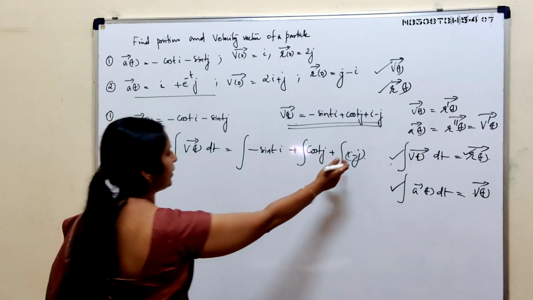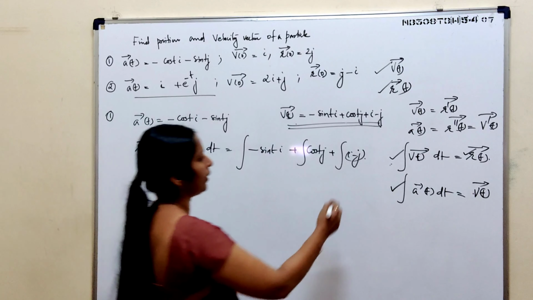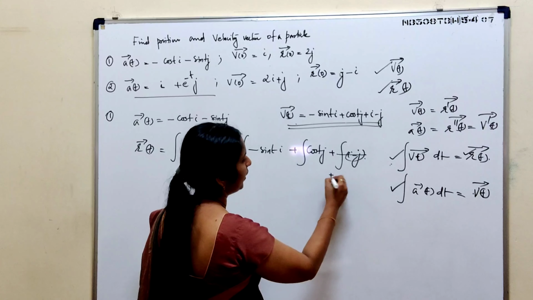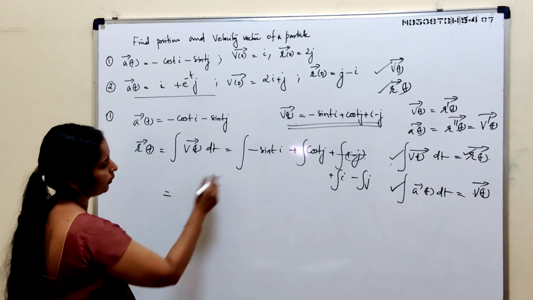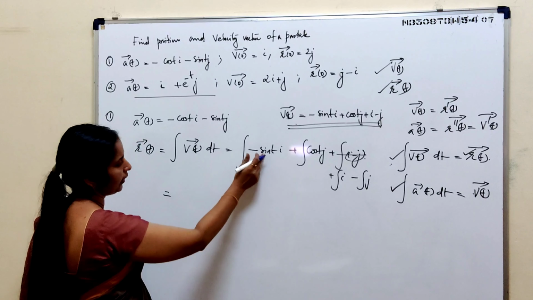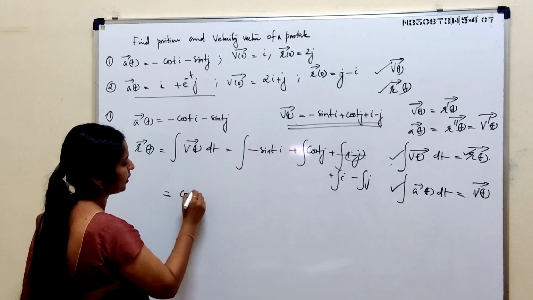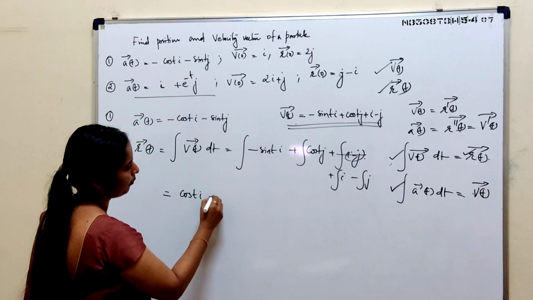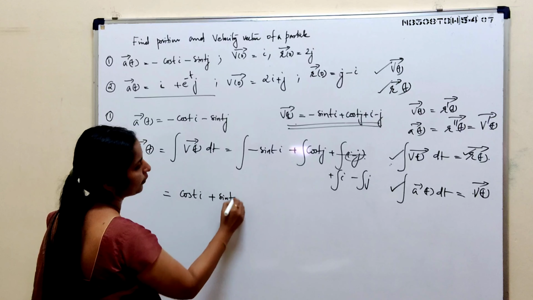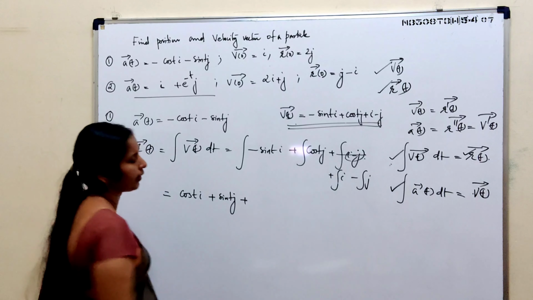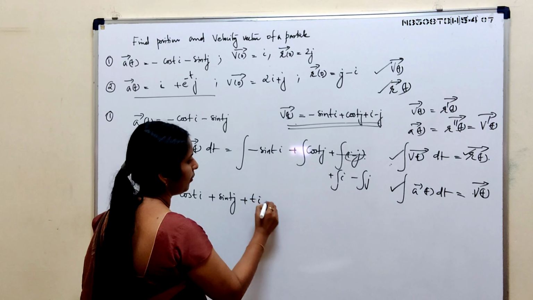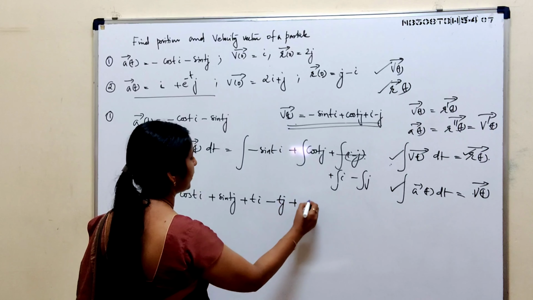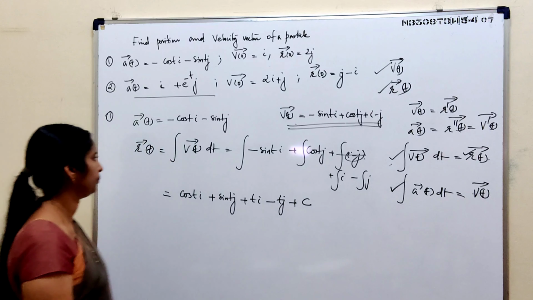See, i minus j is a constant, or you can separate the integral: integral of i minus integral of j. The integral of sin t is minus cos t, so it is cos t i plus sin t j plus the integral of i, which is a constant, so its integral is t i minus t j, plus after integration there is a constant c.